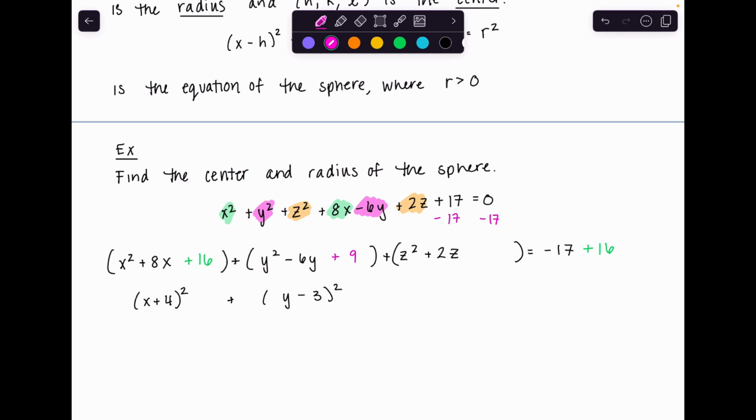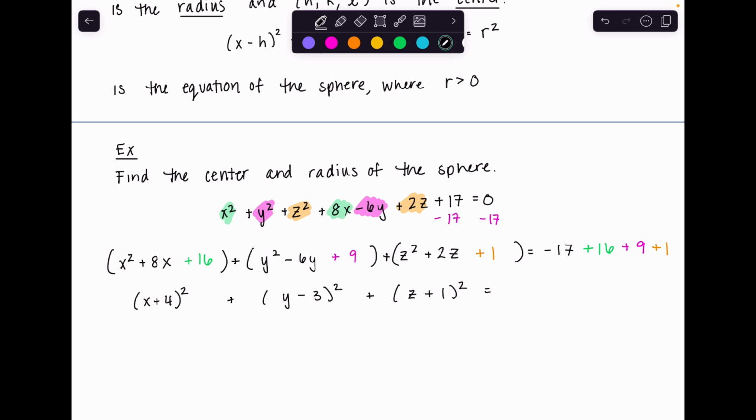But if I add 9 there, it means I need to add a 9 to this side as well. And then last but not least, for the z component, cut that in half, it's 1, square it, it gives you a plus 1. So I do the same thing over here. And that makes this factor nicely to z plus 1 squared. So the left-hand side is fully factored.